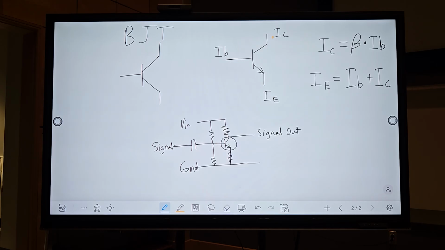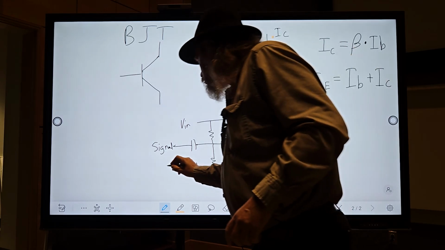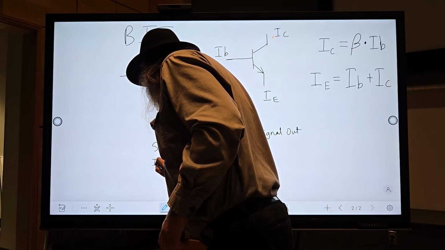The signal out is an amplified but inverted signal matching the signal in, just amplified.